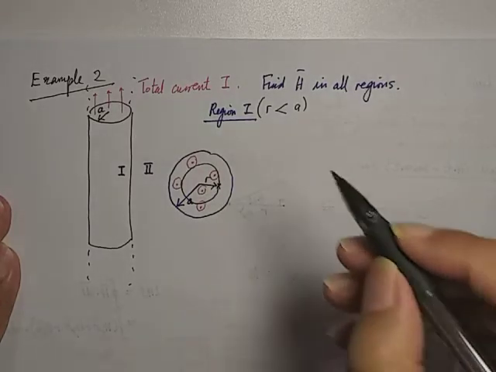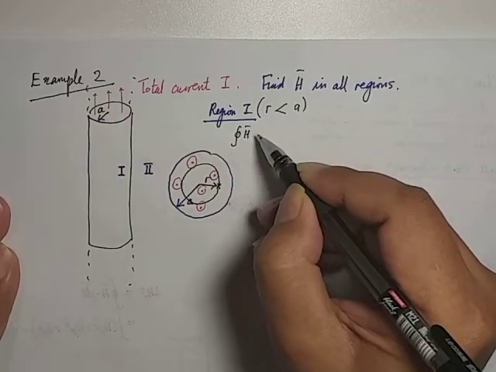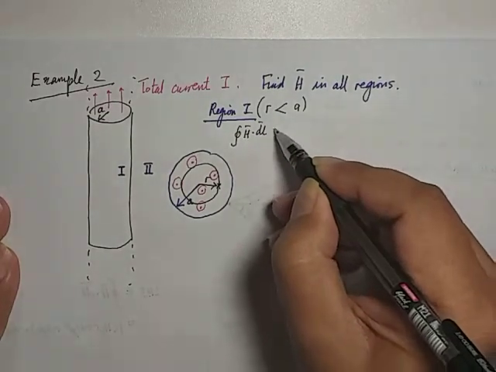Step number 4: H dot dl equals I enclosed.